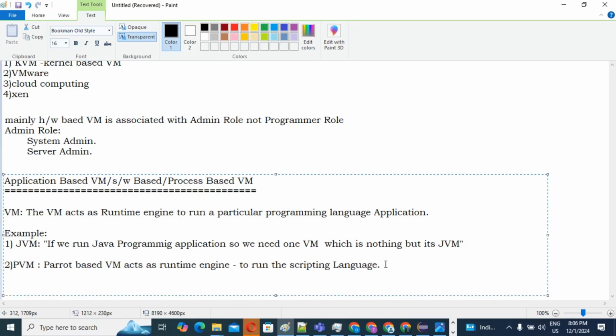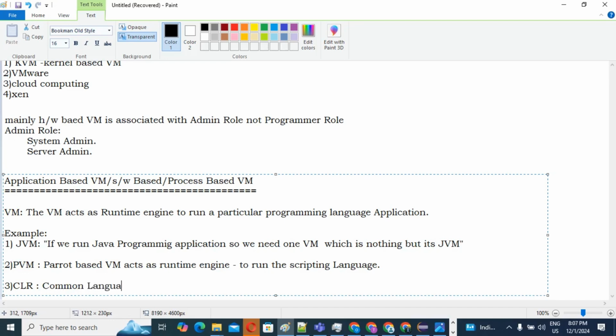Then one more example, the third: CLR. What is CLR? CLR means Common Language Runtime.